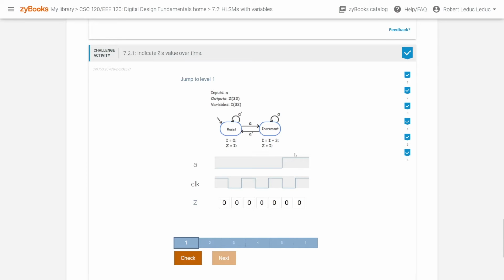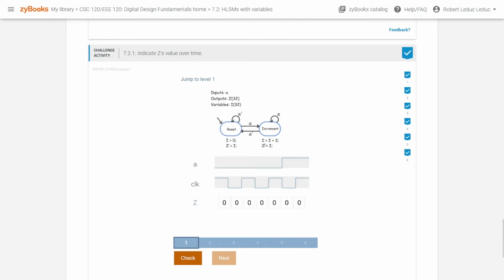We have a value of A that is 1, and according to the diagram, when input A is 1, we transition from the reset state to the increment state. And in the increment state, variable I is incremented by 3.